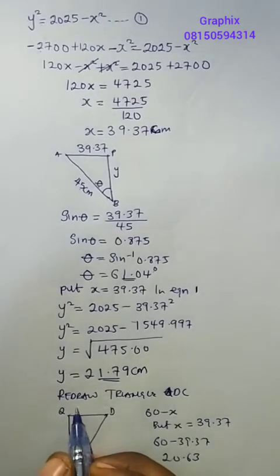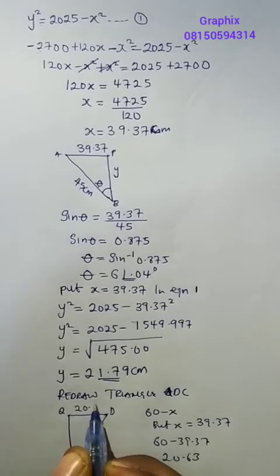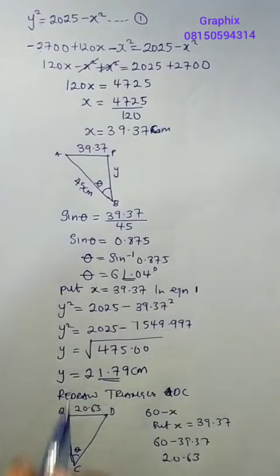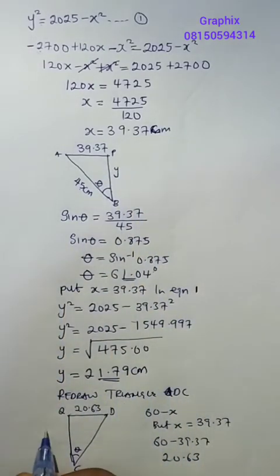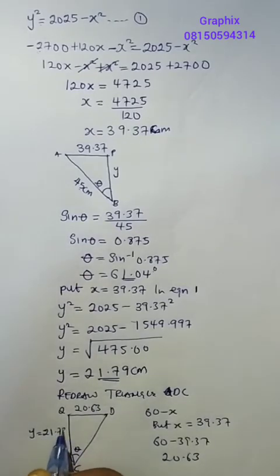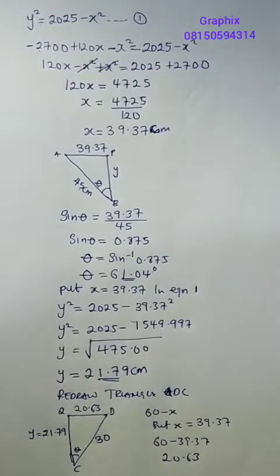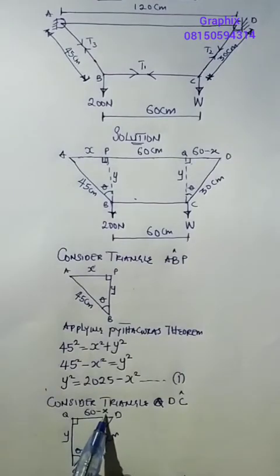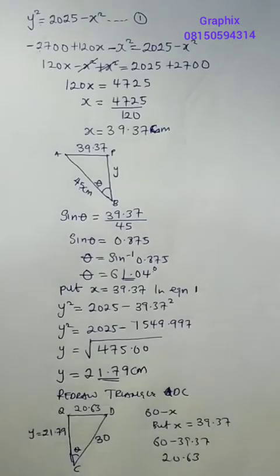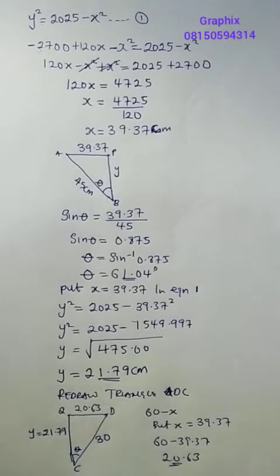I'll write 20.63 here, right? And my y is constant. So if y here is 21.79, here also y will be equals to 21.79. Is that taken? So also this is 30. Do you understand this? What I did here is just, this guy here is 60 minus x. But we know our x now, so I subtract my x from 60 to get this guy here, 20.63, which is now here.